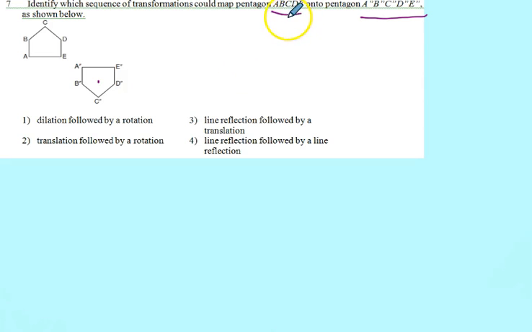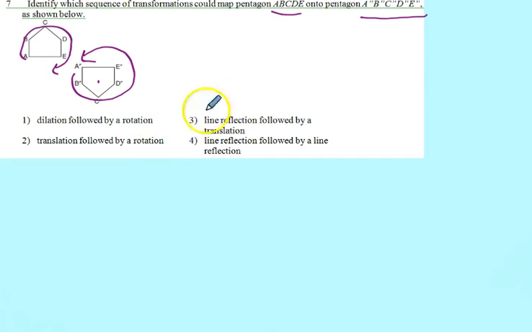So let's see. Original A, B, C, D, E. From A to B to C to D to E. That is a clockwise direction. So the prime notation is counterclockwise direction.